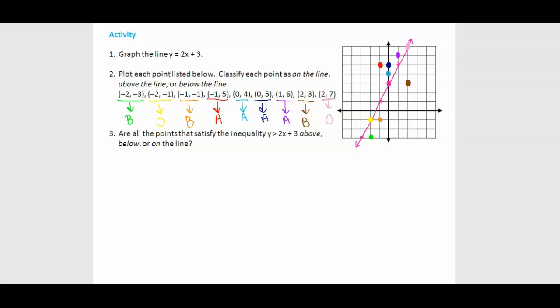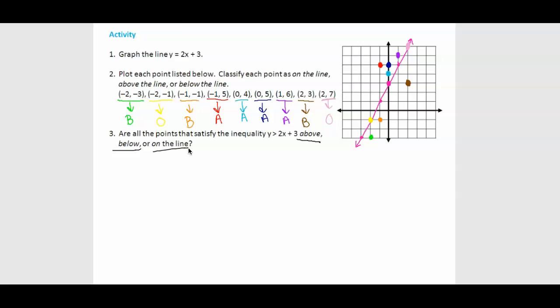So it says, are all of the points that satisfy the inequality y greater than 2x plus 3 above, below, or on? So what you do is pick a point that is above, pick a point that is below, and pick a point that is on the line, and determine if it makes the equation true or not.